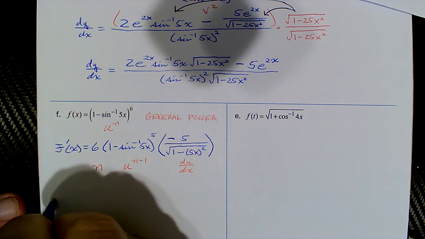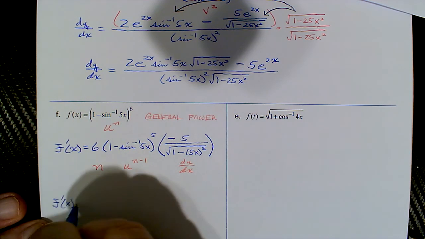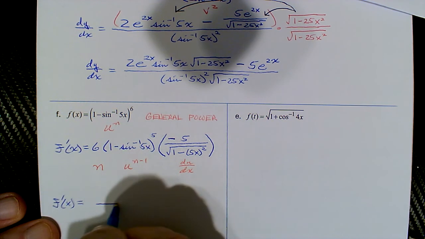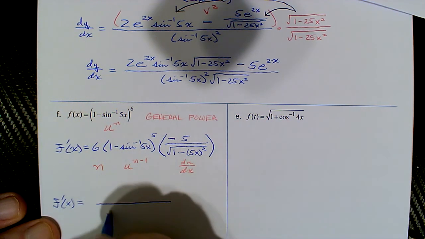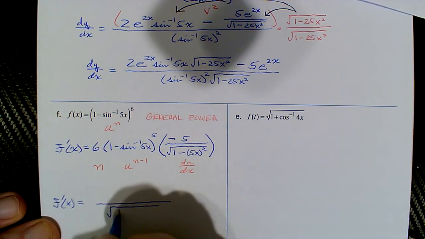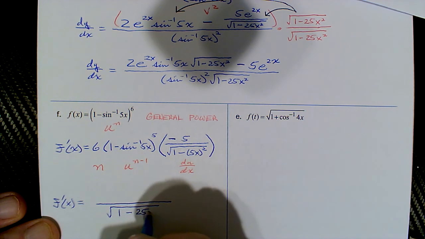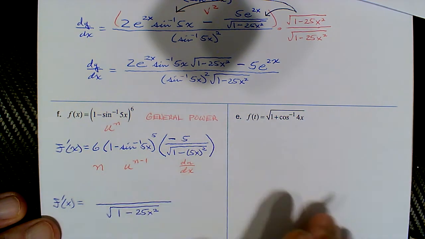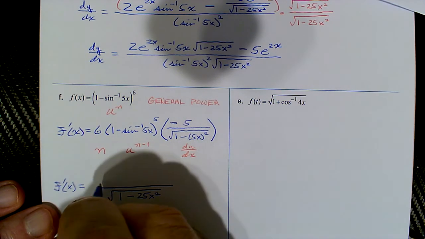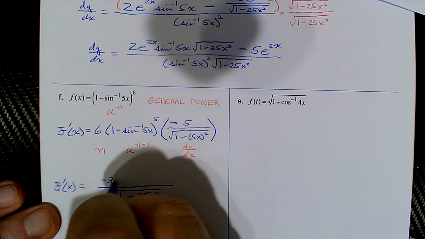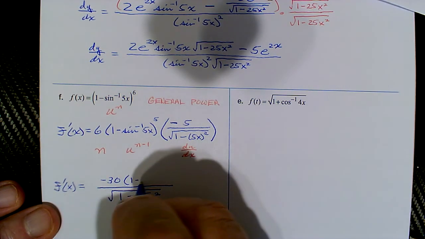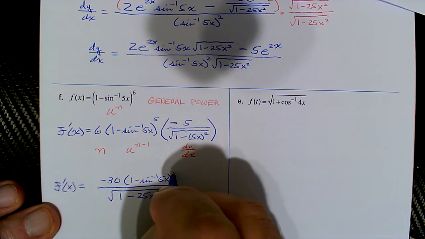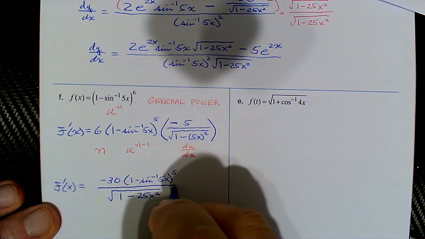So then making this look better, f prime of x would be, I suppose you could write it in a variety of ways. I'm just going to make it a single fraction of the square root of the 1 minus 25x squared in the denominator. In the numerator, I'll multiply the negative 5 and the 6 to get negative 30. And then we've got the 1 minus inverse sine of 5x as a quantity to the 5th.